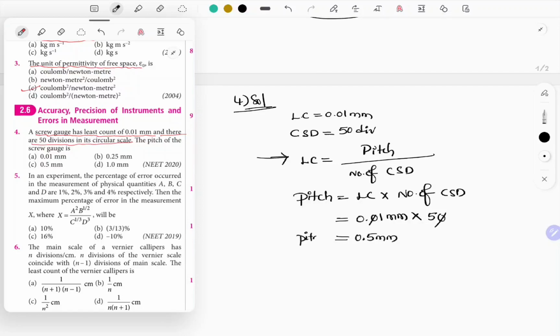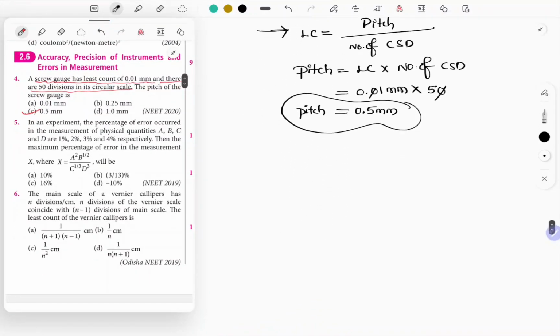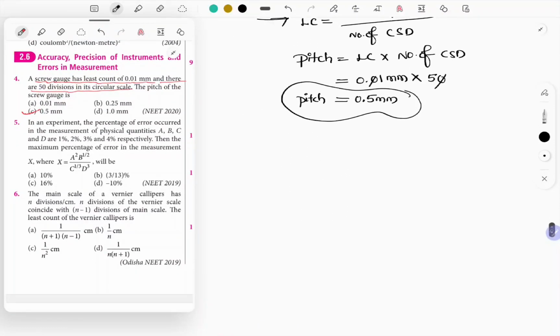This is the answer, the pitch for the given question. So which option is matching here? Option C. Very good. Next, move on to the next question. The next question is based on error calculation.